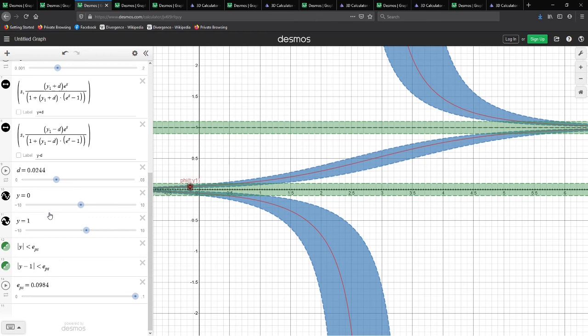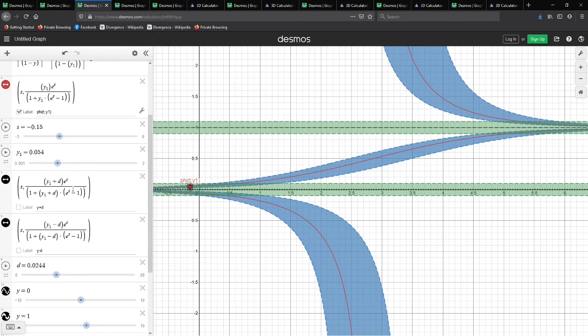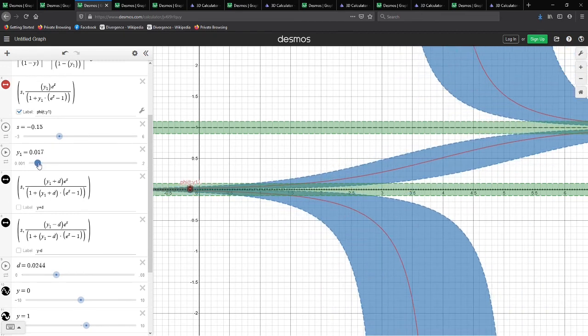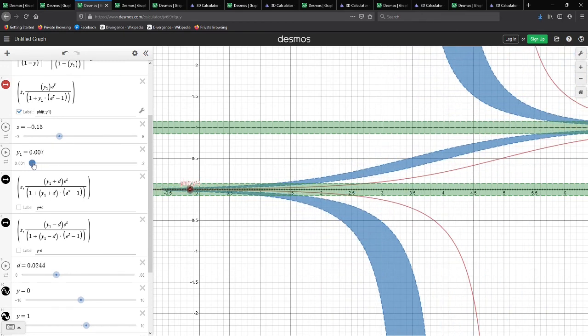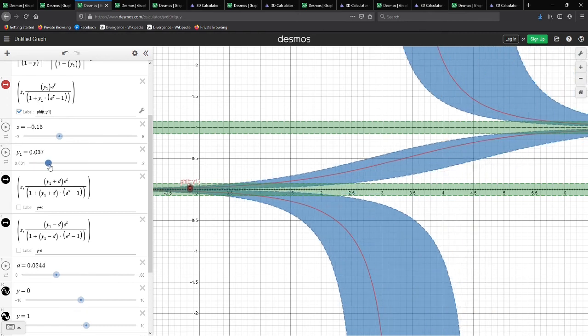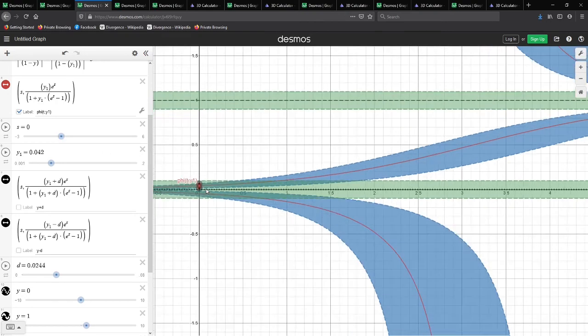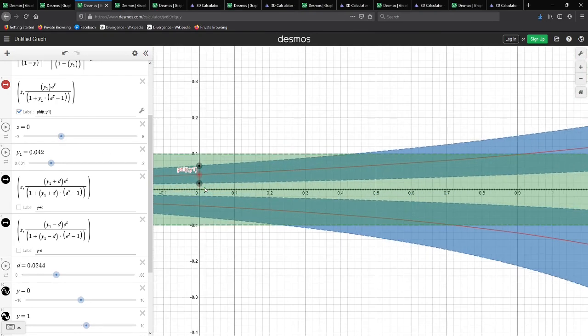But you can see that if we start with our solution with the initial condition right here of 0, so our solution is right here at this point.